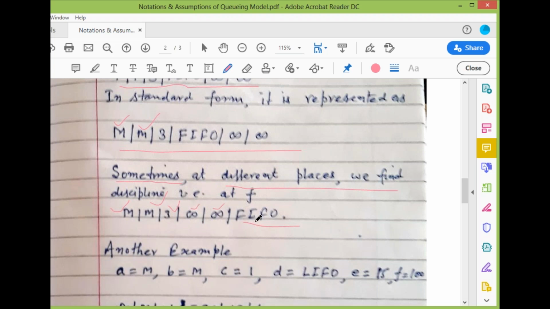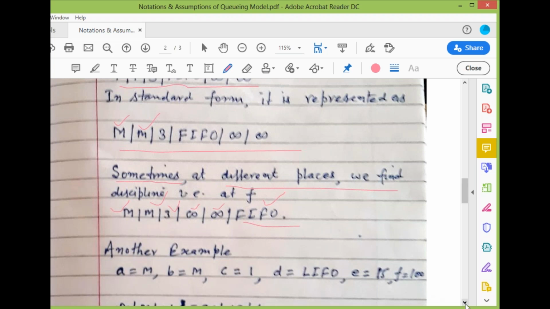So source population is the sixth one, that is the F. So F should not be here as a discipline. But people do not know the history, people do not know the basic development of the queuing model. They start writing whatever they have seen in any literature. They do not want to go to the root of the development of the notations, and they simply start writing.